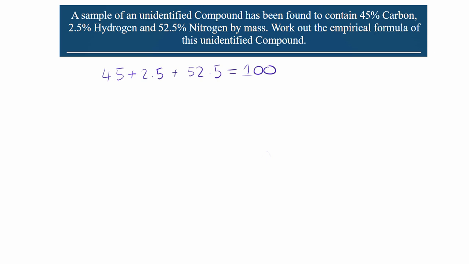Now, what we're trying to do is work out the simplest whole number ratio, right? That's the empirical formula, the simplest whole number ratio between the elements present in this compound. In order to solve for that, I'm going to make an assumption. Let's assume this sample is a total of 100 grams.